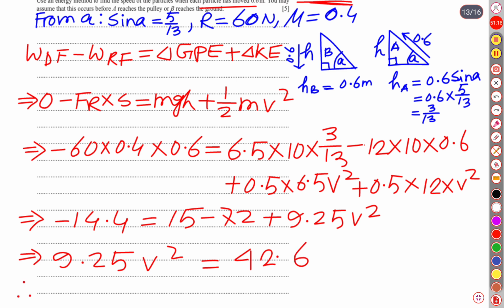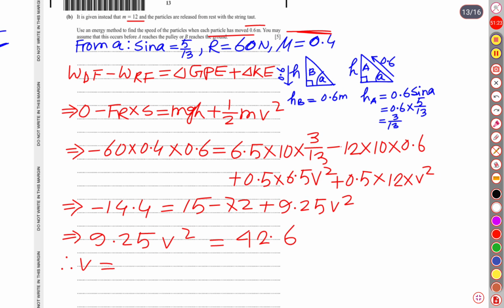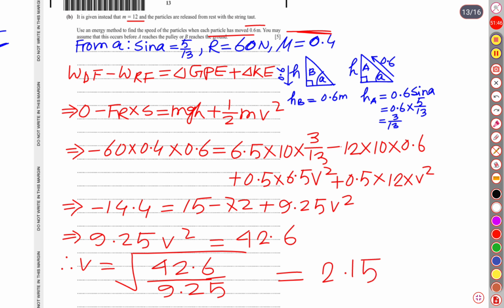Hence our v is going to be the square root of 42.6 over 9.25, and if we round it to three significant figures, 42.6 over 9.25 gives 2.15 meters per second. So that's all about this, and that has been the final solution under the same topic.